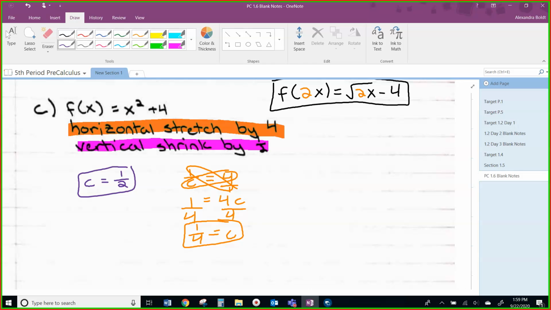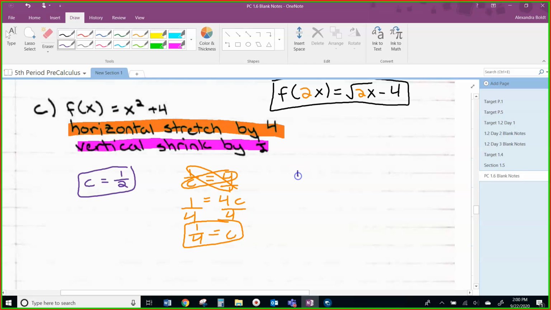We're doing parallel and perpendicular lines. Remember, perpendicular lines have reciprocal slopes. Okay, so now we actually need to change our functions. Biggest thing, remembering that our vertical goes on the outside, our horizontal goes on the inside.